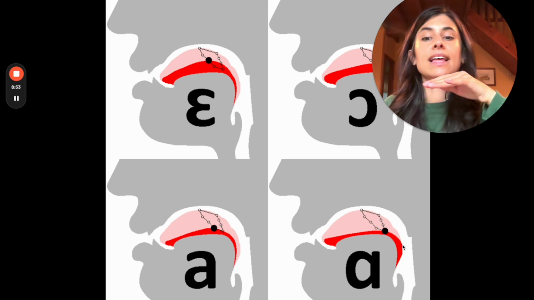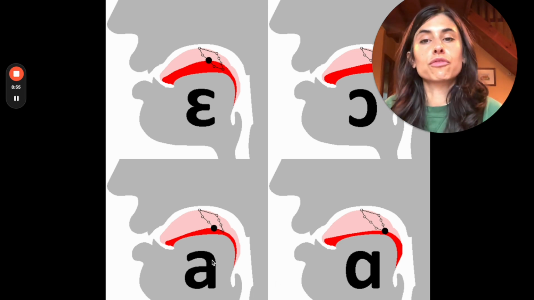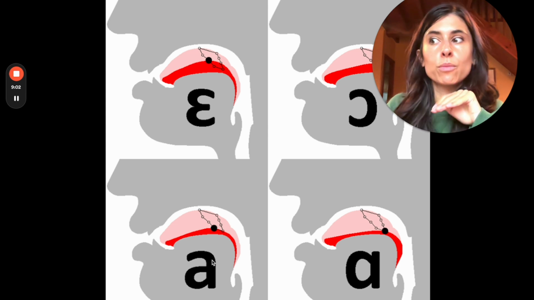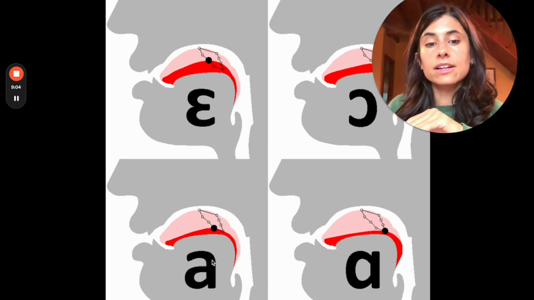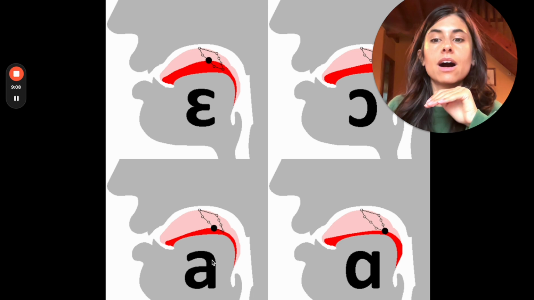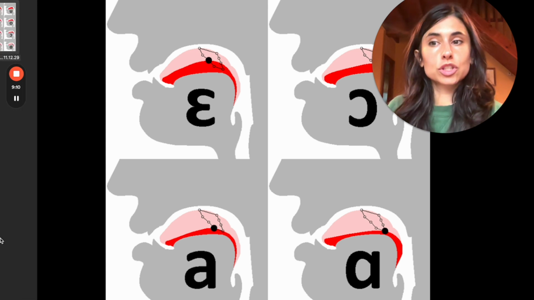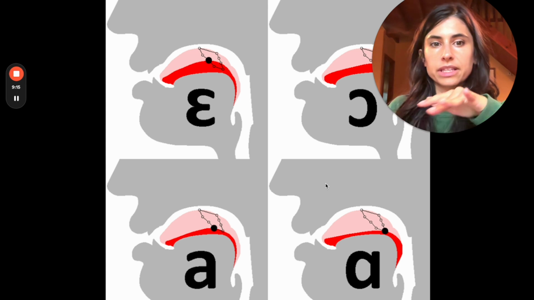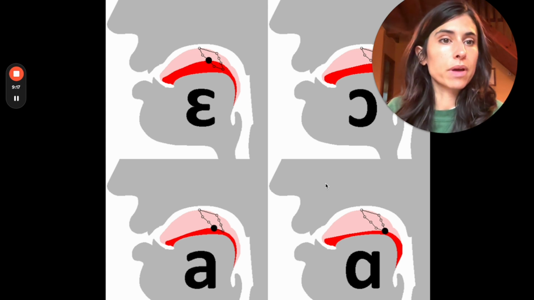And in this case, your tongue is drawn forward. So what I recommend is that you practice moving from one to the other. This is a really good exercise for you. Just move your tongue forward and back and see what different sounds you make.